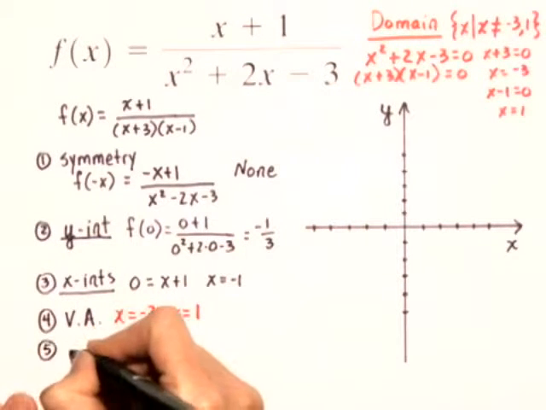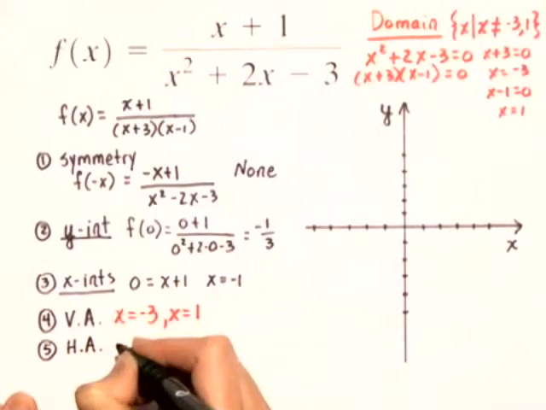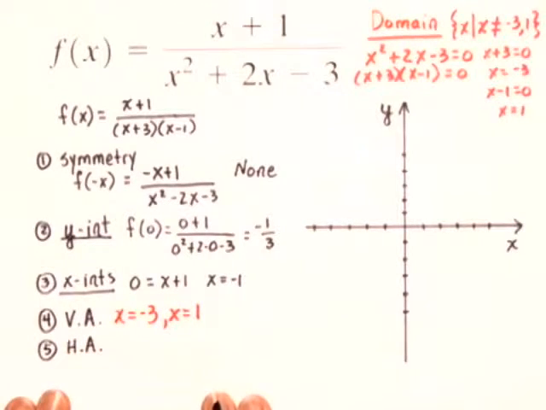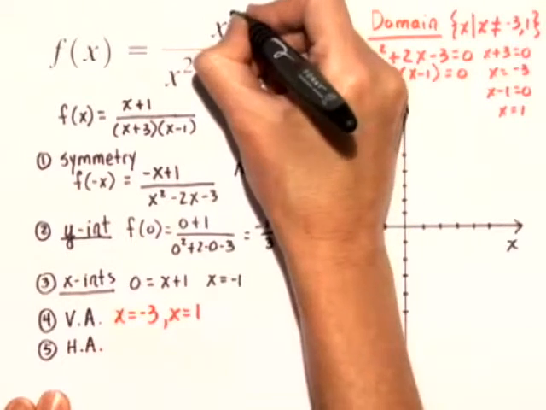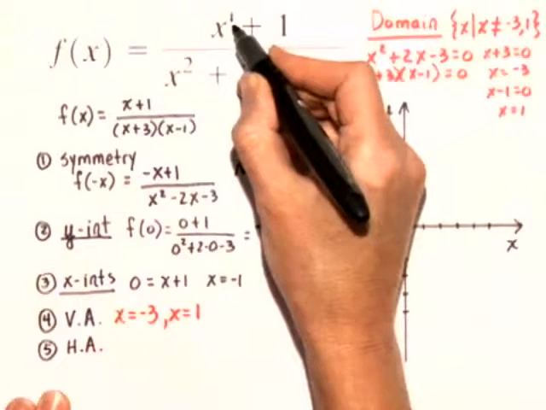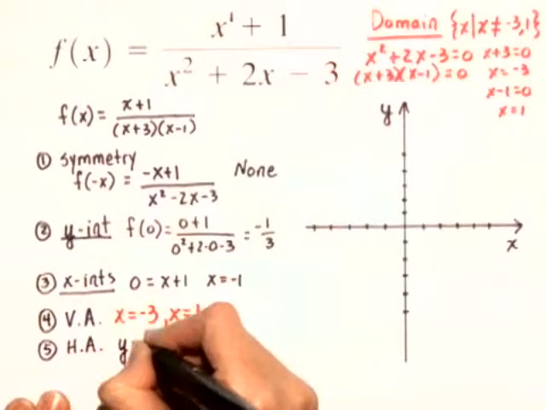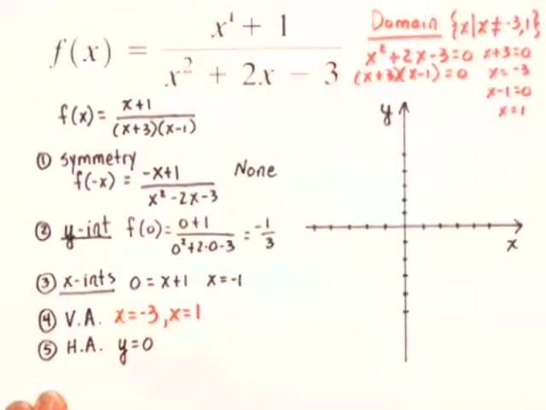Now in step 5, we check to see if we have a horizontal asymptote. We can do that by comparing the degree of the numerator, in this case 1, to the degree of the denominator, 2. Since the degree of the numerator is less than the degree of the denominator, we automatically have the line y equals 0 as our horizontal asymptote.